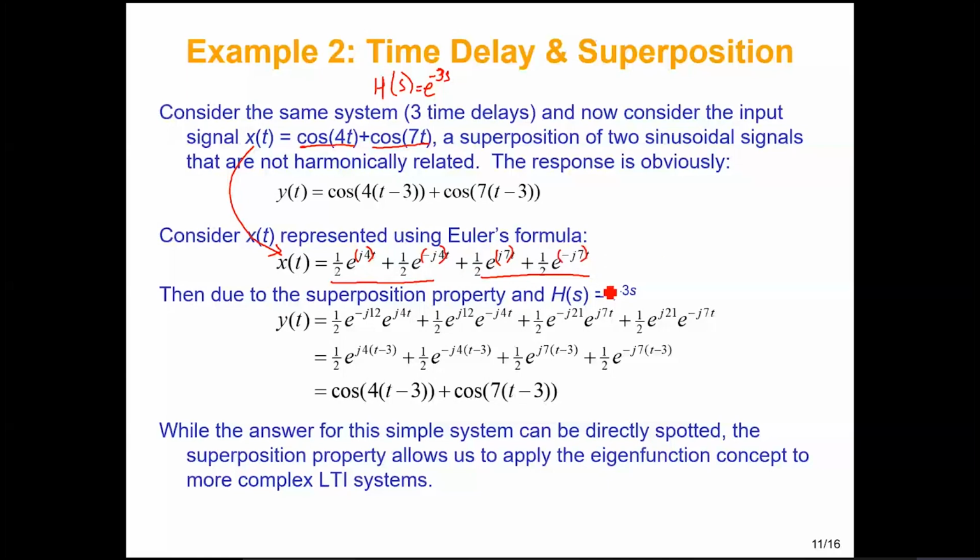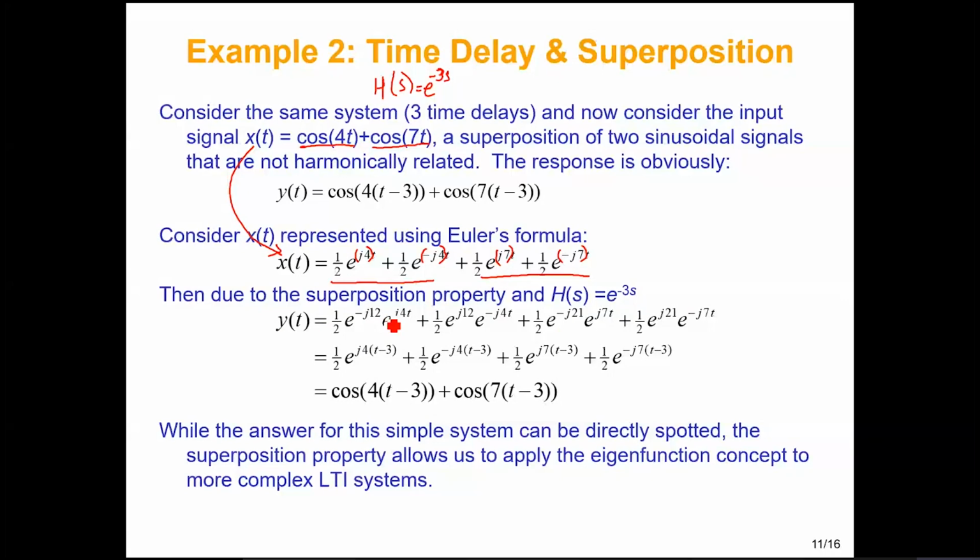And we know that h of s is e raised to the power of minus 3s. So this one will give you the same thing into h of j4. Just replace s with j4, you'll end up getting this. So we have h of s e raised to the power of st throughout for each term. This is basically your answer.